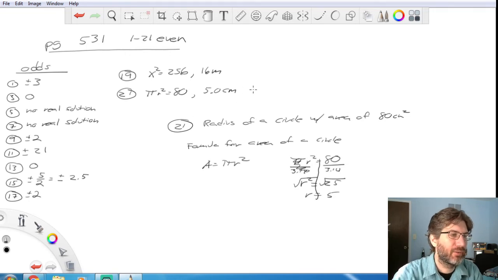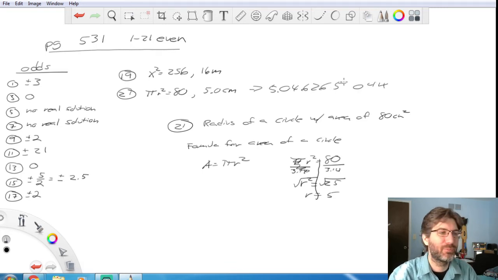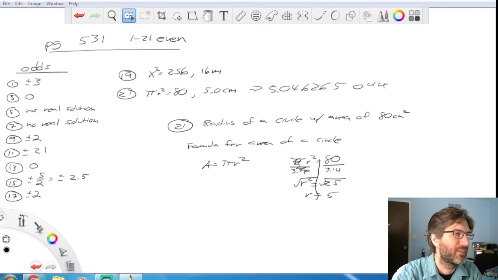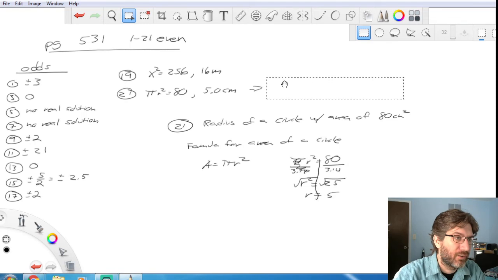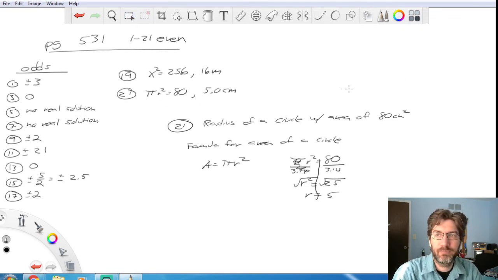If you had something like 5.046265, that's a more accurate answer, but it's just not reasonable because you're not measuring that length to that amount. So sig figs play in.